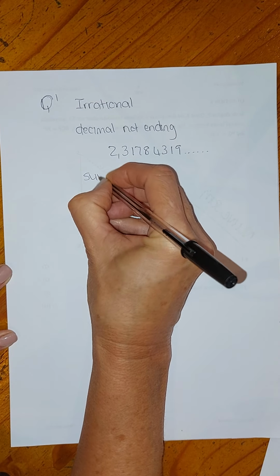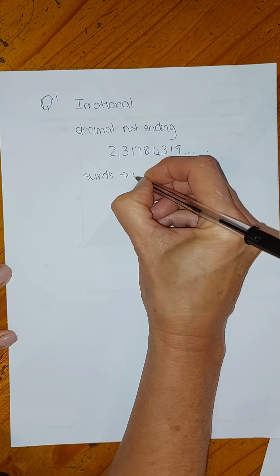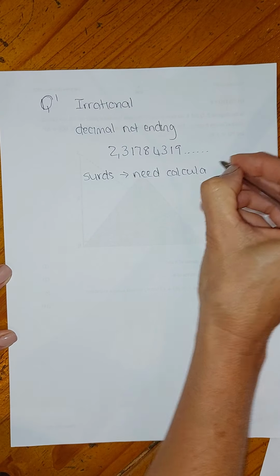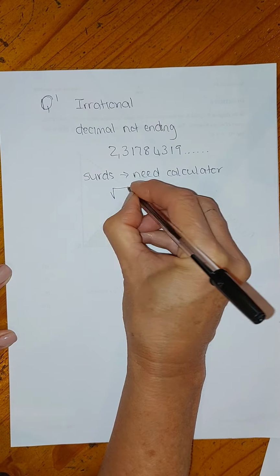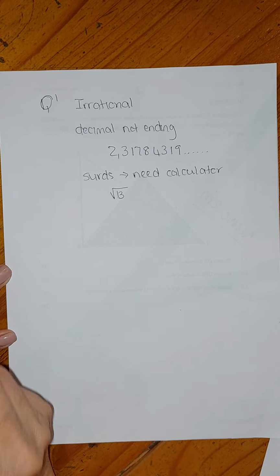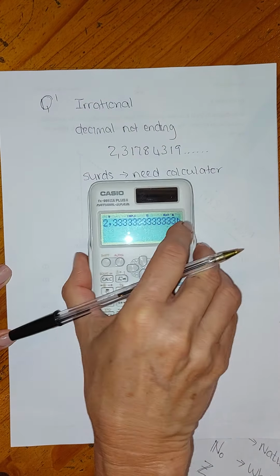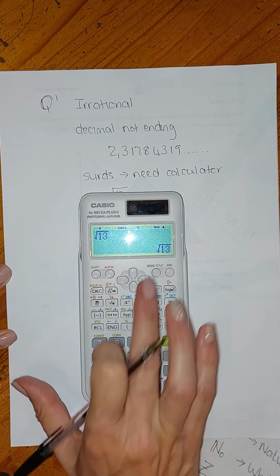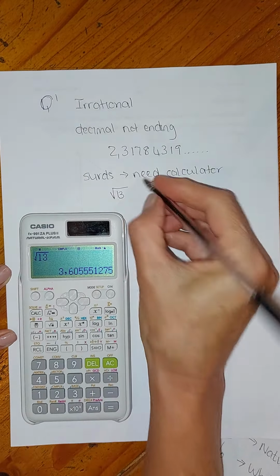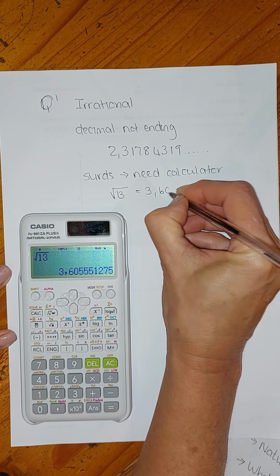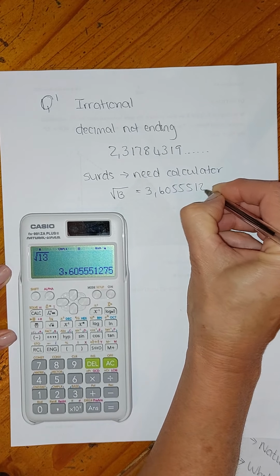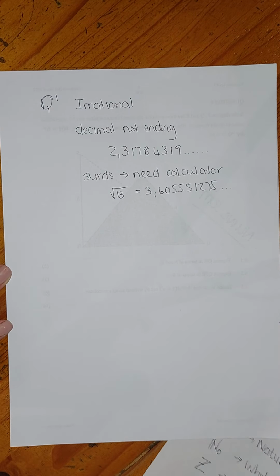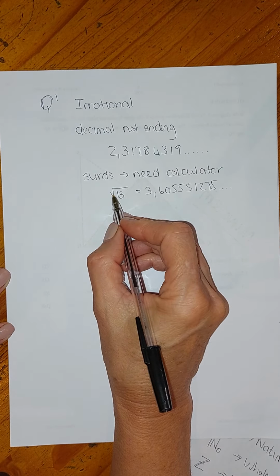Or our surds where we need our calculator, for example, the square root of 13. I can't work it out, I need my calculator. The square root of 13 is 3,605551275, and if the calculator was bigger, it would just continue. So those numbers are our irrational numbers.